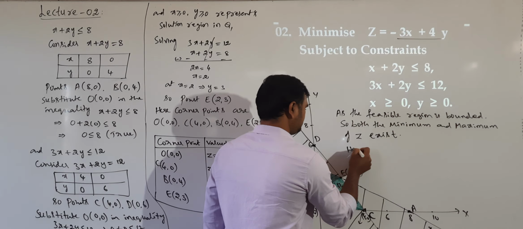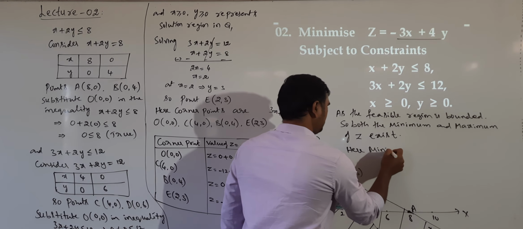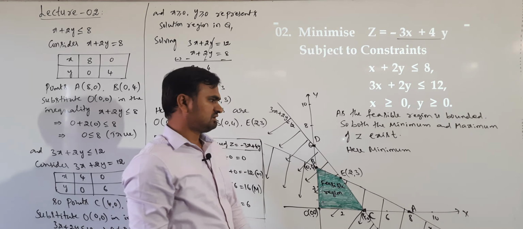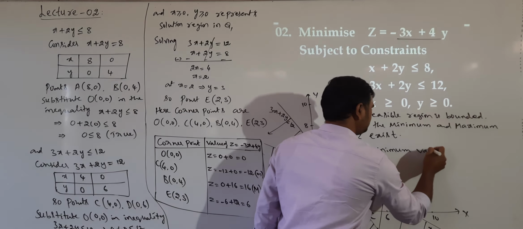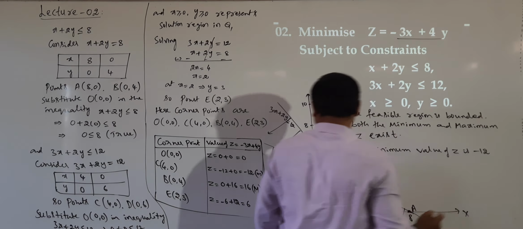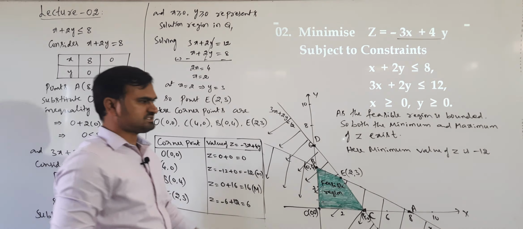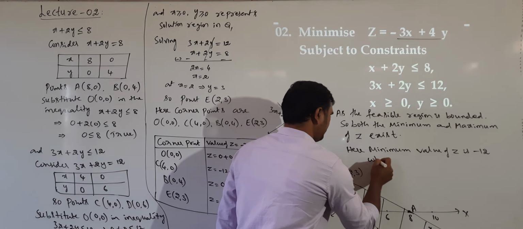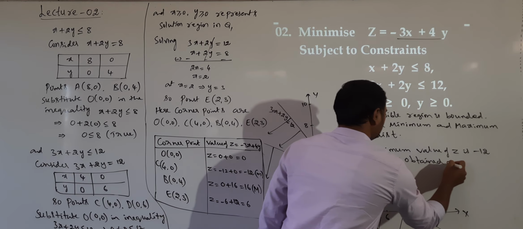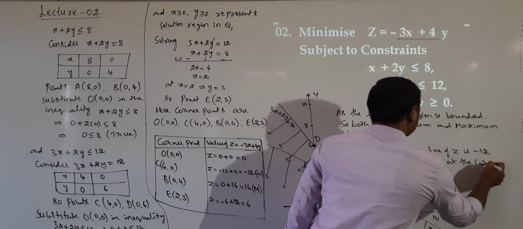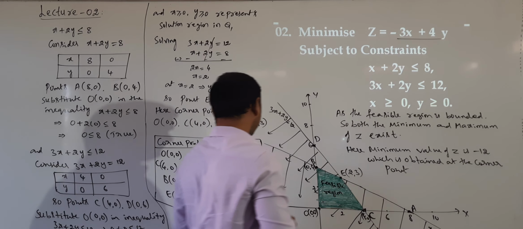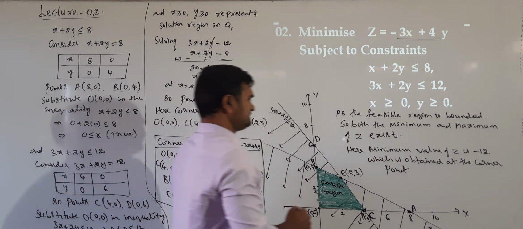Here we are minimizing the objective function. So here the minimum value of z is minus 12, which is obtained at the corner point. What is that point? 4, 0.